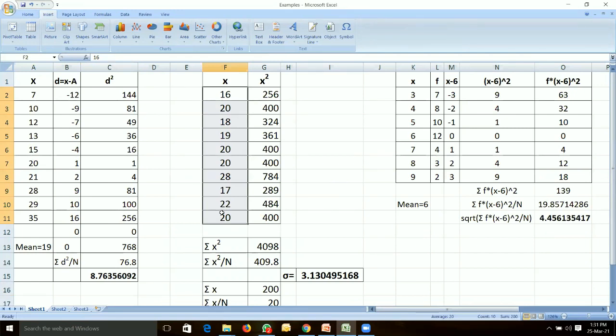This is very simple. You have to just calculate the x square. After that, you just write it in the notebook, and you can also see how to calculate manually. Every value you have to put in the formula and then calculate.